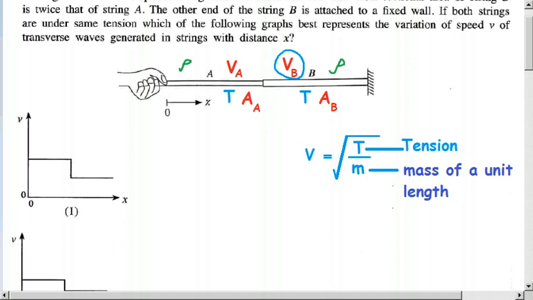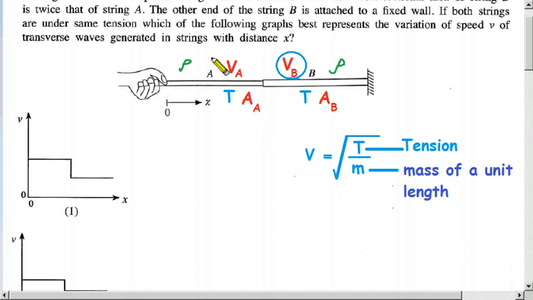Then let's find a relationship for these variables and try to estimate what V is going to be.